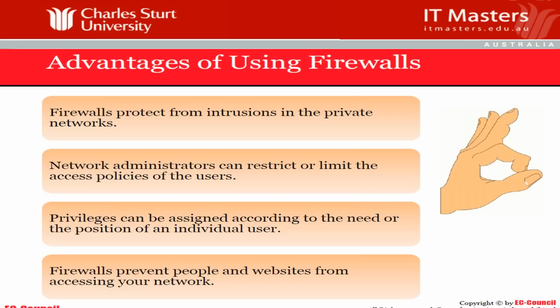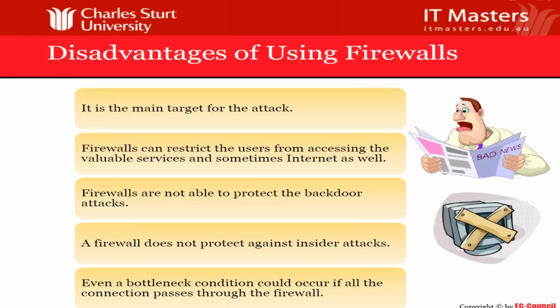What are the disadvantages? It is usually the main target for attack. It can prevent legitimate users from accessing legitimate websites. A real life example. In one of the companies I used to work for, I was trying to block porn access. If you're in IT, you know this is not rude. This is very common.